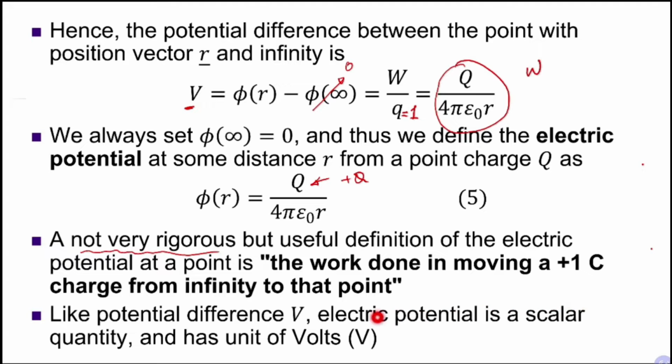And you can see that the electric potential, just like your potential difference or voltage, is a scalar. It doesn't depend on directions. So electric potential is a scalar quantity, and it also has the unit volt, just like your potential difference.